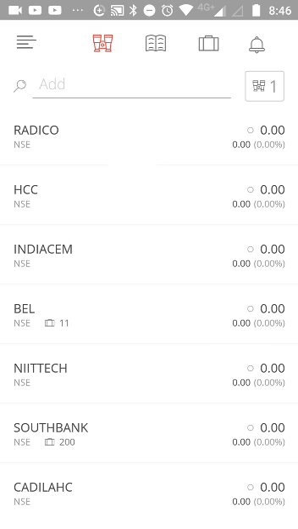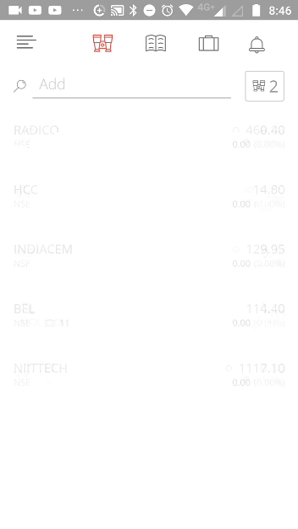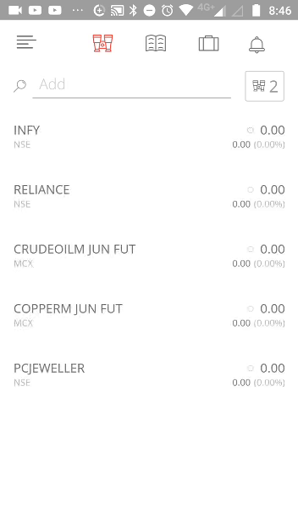So the first watch list I have kept is to monitor certain stocks from different sectors. The second page of the watch list can contain something where you are working on a certain strategy. So if you have watched my strategies for Infosys and Reliance and also crude oil, then you would see that these are stocks where one strategy works perfectly.